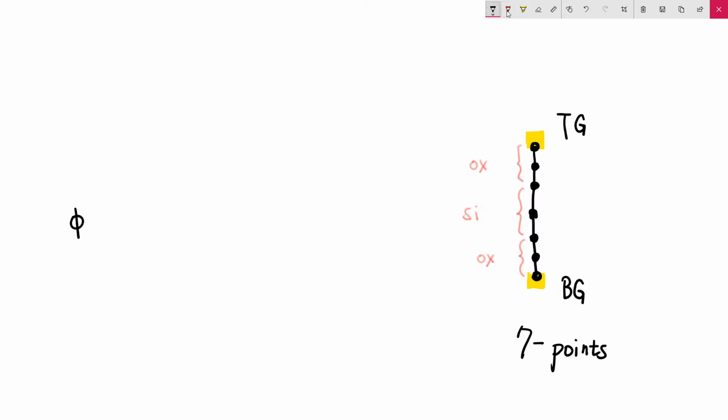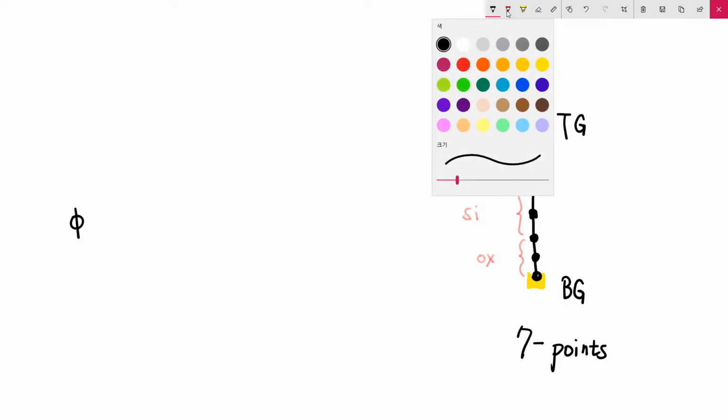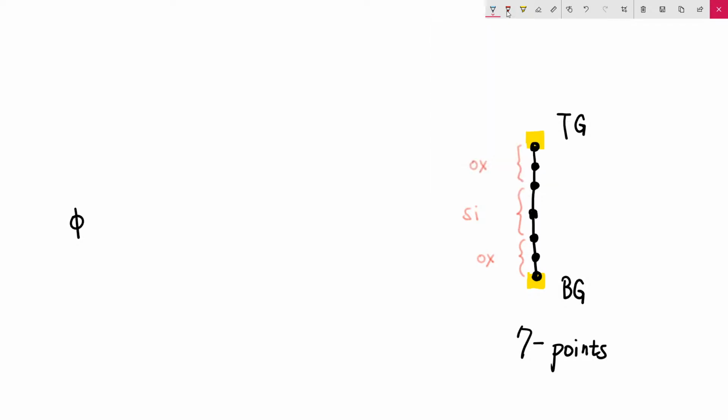Let's say these points have their own numbers like 1, 2, 3, 4, 5, 6, 7. I just adopted one-based indexing, but if you are working with zero-based indexing, then it is always good to use it.